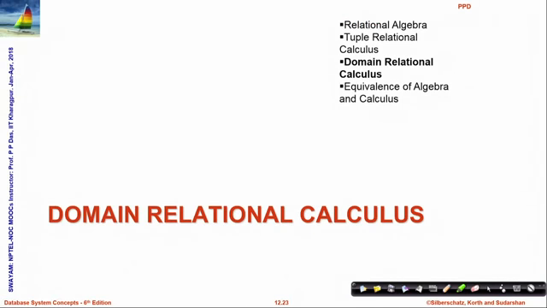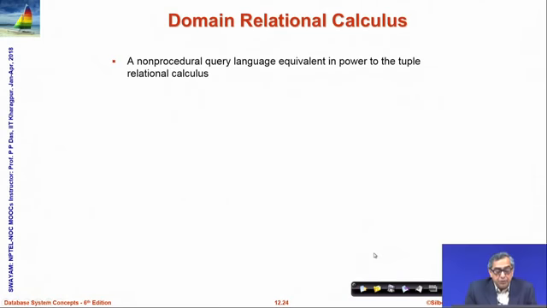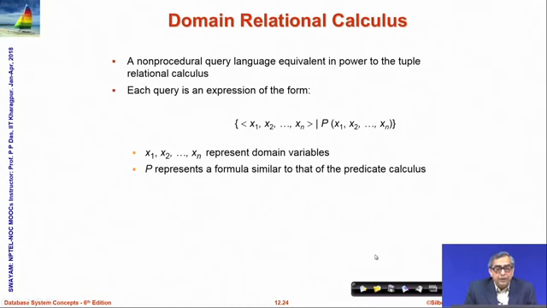A third formalism that is used is known as domain relational calculus, which is also non-procedural and equivalent in power to tuple relational calculus, and is very similar to it. The only difference being, if you recall, in tuple relational calculus we write a collection of tuples T such that P(T), that is, the predicate P is satisfied by T. Here, instead of writing a tuple variable T, we expand it out in terms of all its components.